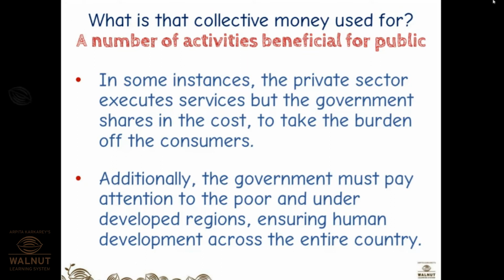And this is not only for the underdeveloped region, but overall across the country the government has to see what is more required for better development, and better facilities should be given to the common man, the individual citizens of the country, ultimately.